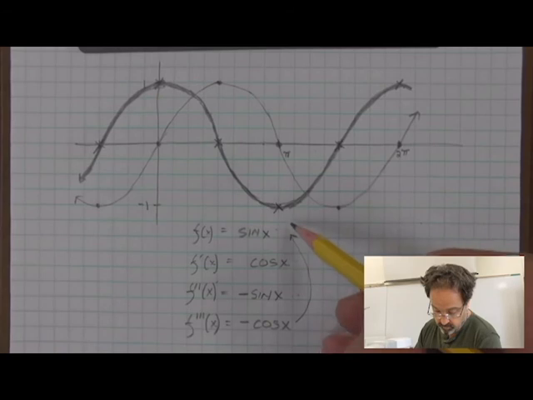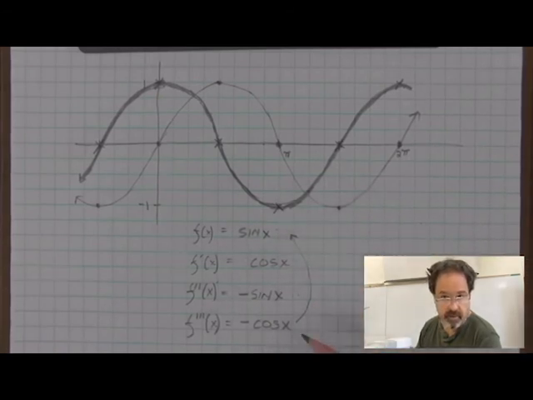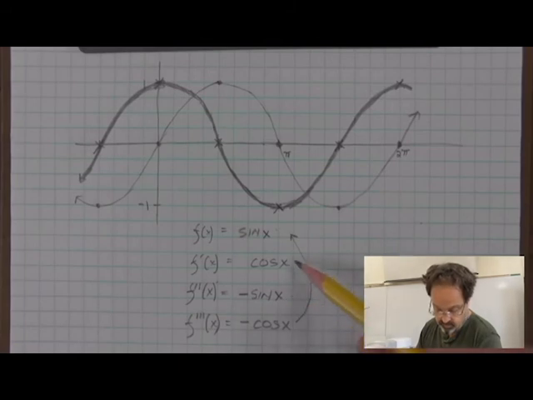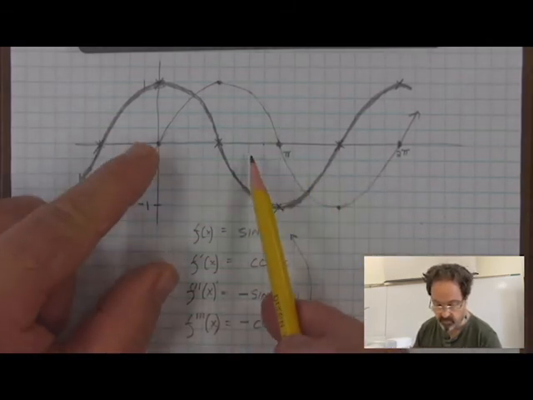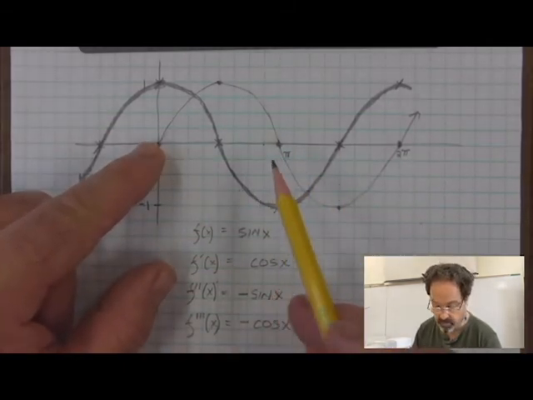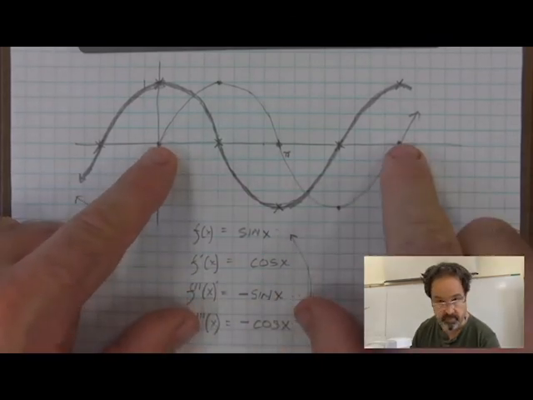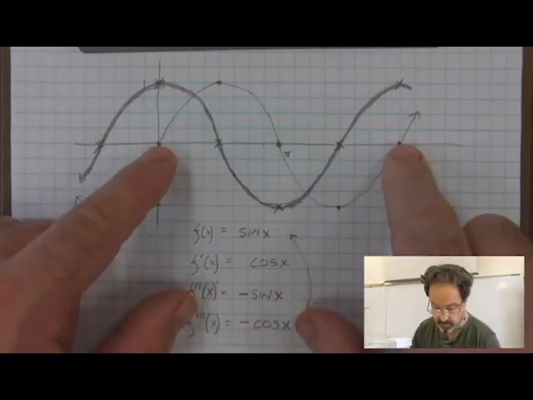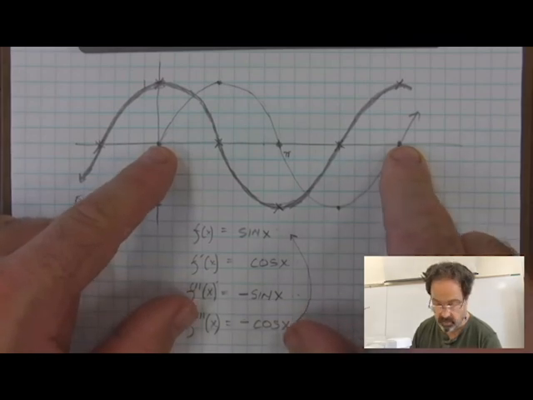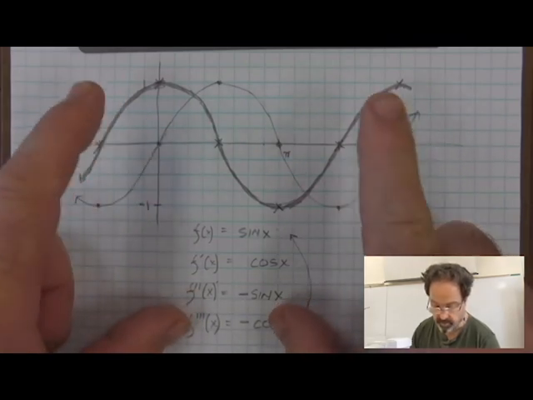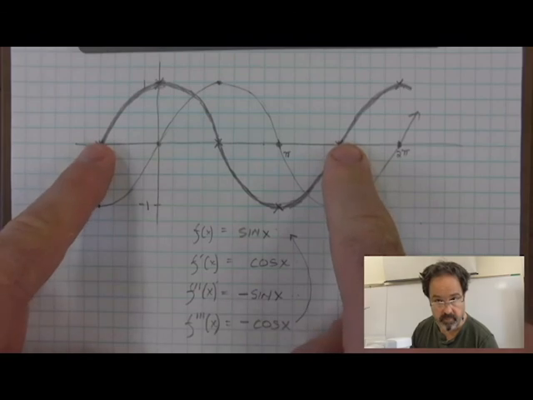There are 4 functions in that pattern. The derivative of sine is cosine, then negative sine, then negative cosine, back up to sine. And think about this shifting of pi over 2. If we started with the regular sine function with a period of 2 pi, and we shift it to the right by pi over 2, we get cosine.